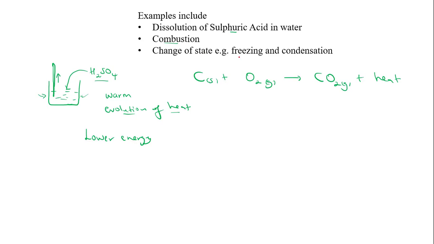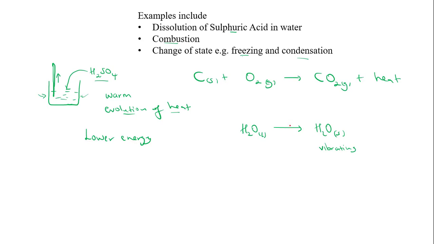So lastly, change of state, freezing and condensation. Just like before, during freezing, molecules must lose energy. Water molecules, for example, in liquid form, must lose energy so that they can be converted into water molecules in solid form, which are just vibrating around a fixed position.